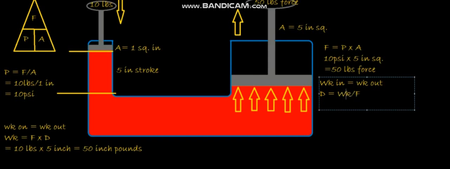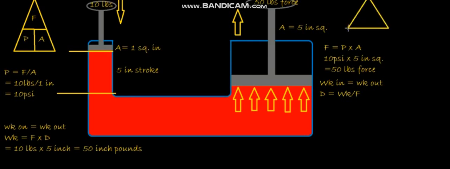And if you were to put that into a triangle, we'd say, based on this, work is equal to force times distance. So there's work, and it's equal to force times distance. So now we can visualize that distance must be work over force, right?